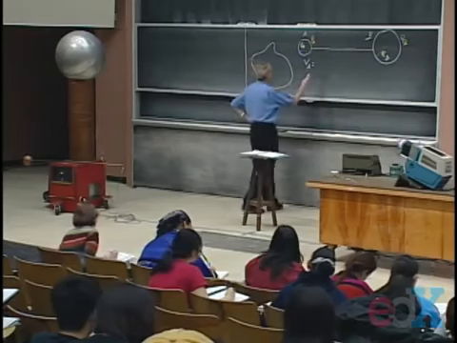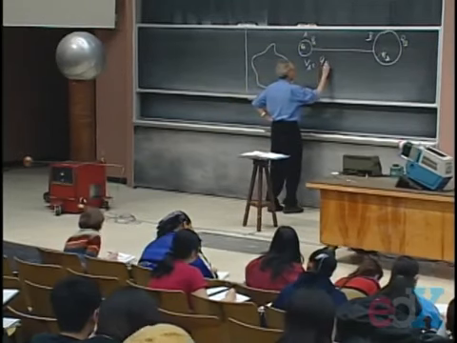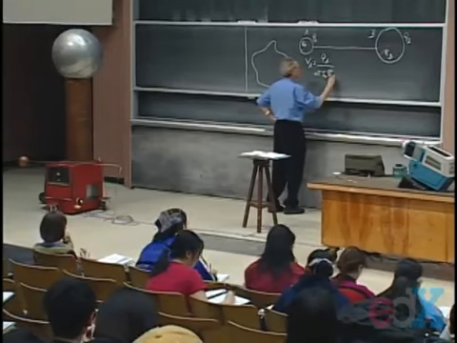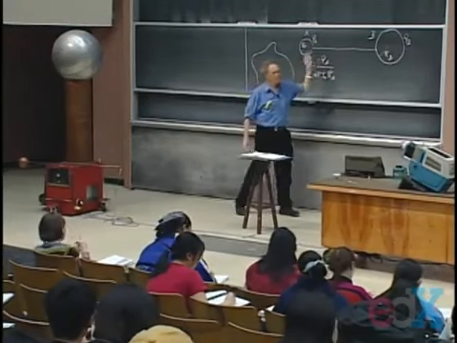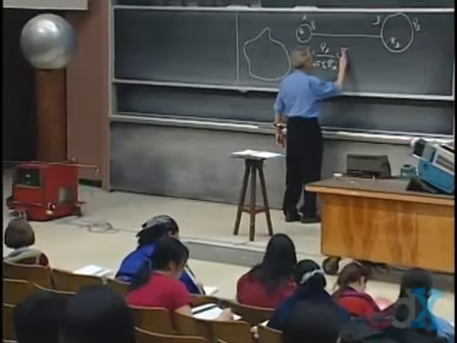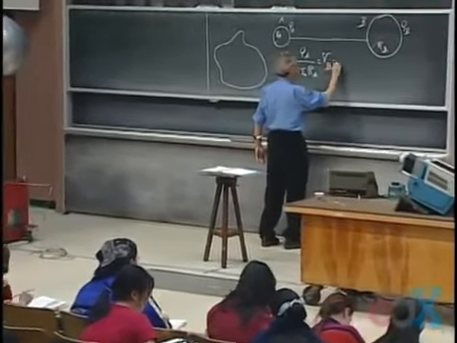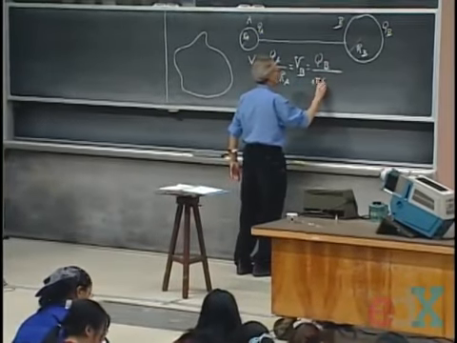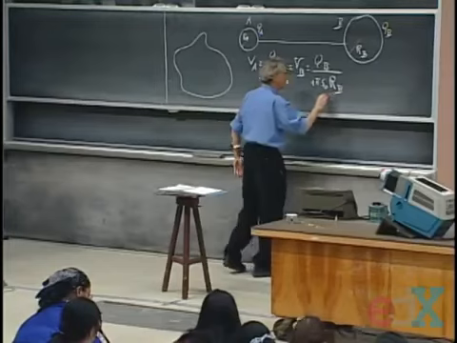And so the potential of A is then the charge on A divided by 4 pi epsilon 0 times the radius of A. But since this is an equipotential, because it's all conducting, this must also be the potential of the sphere B, and that is the charge on B divided by 4 pi epsilon 0 r of B.